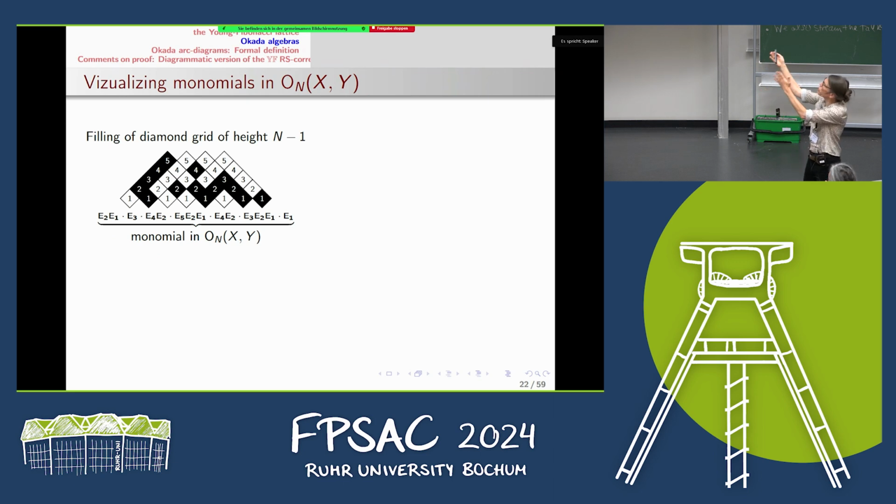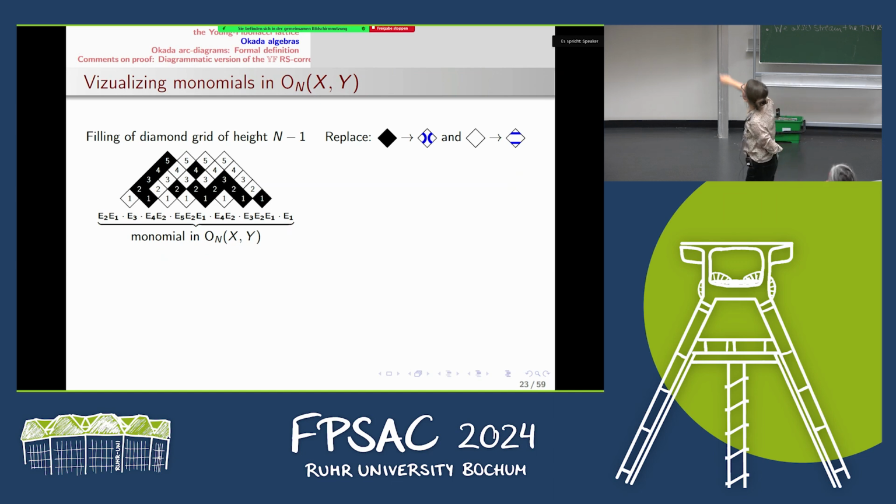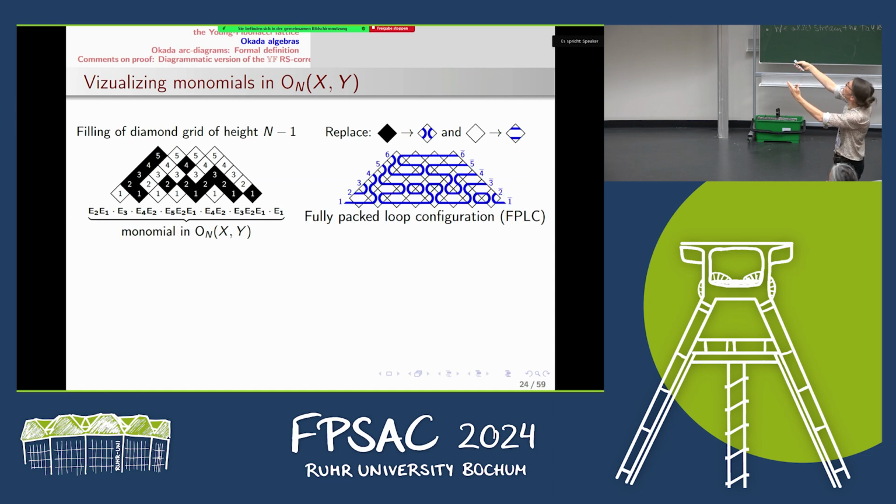Once we're working in this combinatorics of diamond graphs, we can do a standard trick, which is to replace black and white diamonds by these non-crossing arc fragments, which are either vertical or horizontal. If we stitch these all together, we get a collection of non-crossing arcs and possibly loops, which is commonly called a fully packed loop configuration.